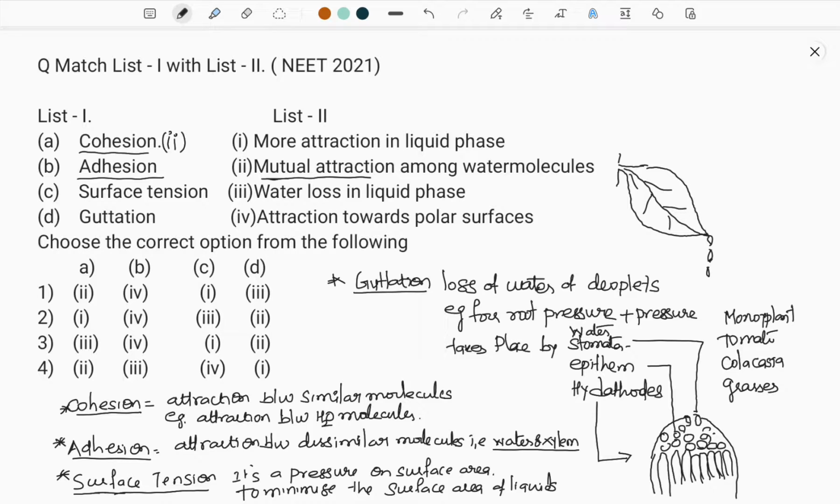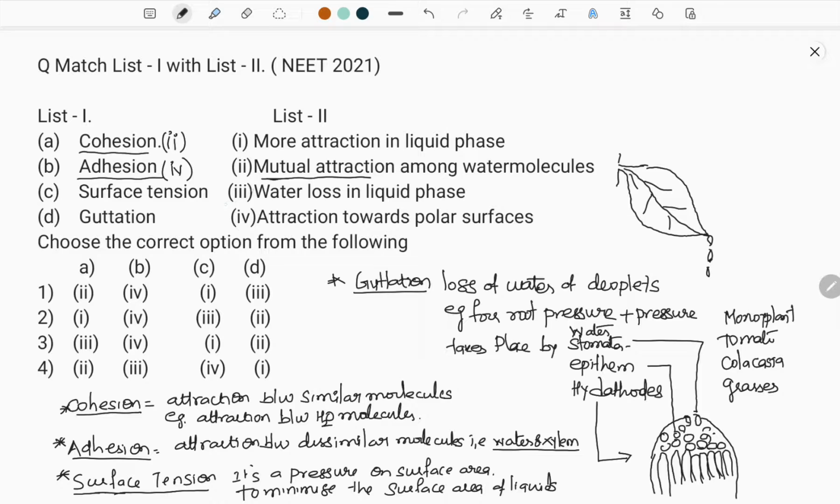This is the main cause for transpiration pull and for conduction of water by mass flow, bulk flow, which is responsible for pulling of water with high force, that is adhesion. So here attraction towards polar surfaces best suits. Water and xylem together are called polar surfaces.